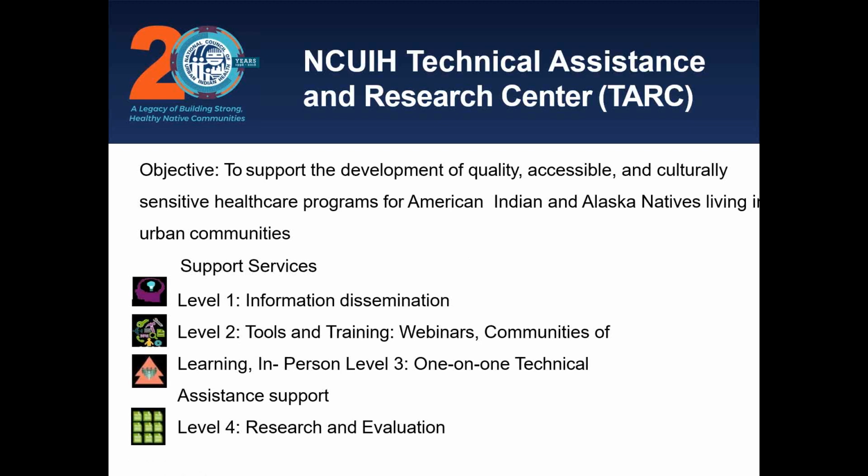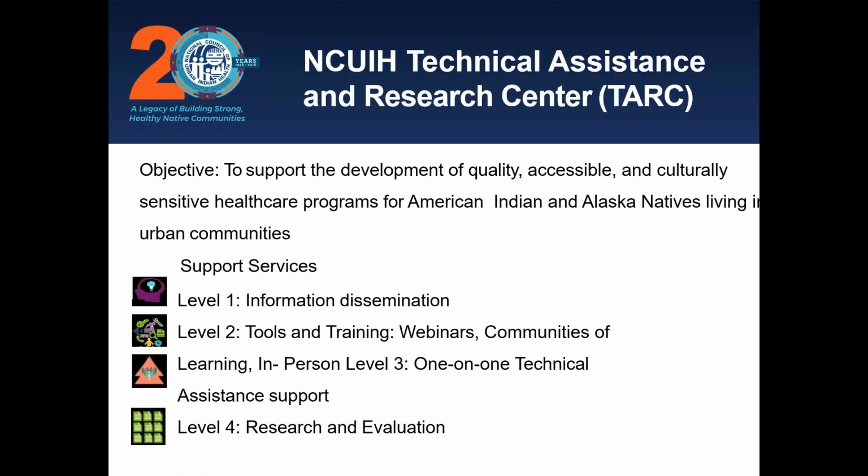We also provide trainings through webinars, community learnings such as the one we're doing today, and also in-person one-on-one technical assistance support that entails various avenues of support. So we could do one-on-one or get you to a person that can provide you even further support based on your needs.